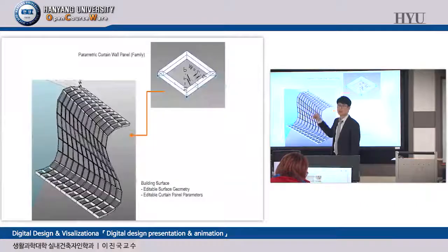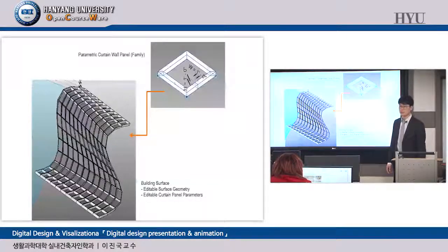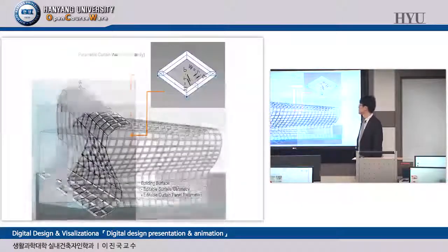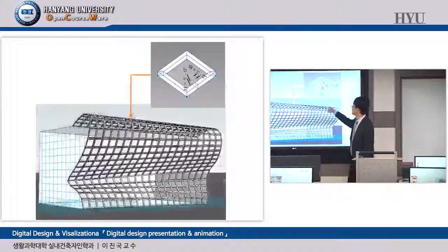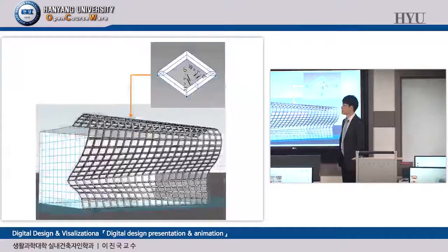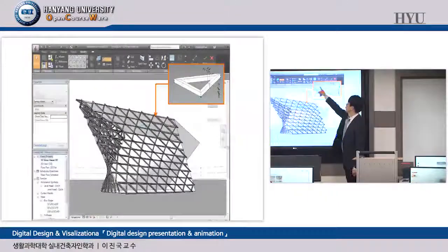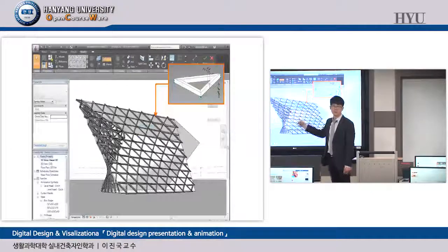This one can be interior wall, even roofing structure and building facade, anything else. Auto update, okay? Building facade, you can design in this way, and this one can be loaded exactly the same as this one. What if you change your part definition to a triangular shape? Everything is going to be updated like this.